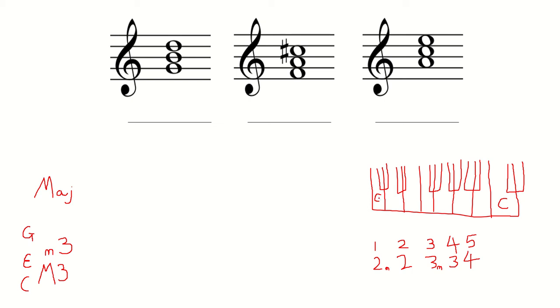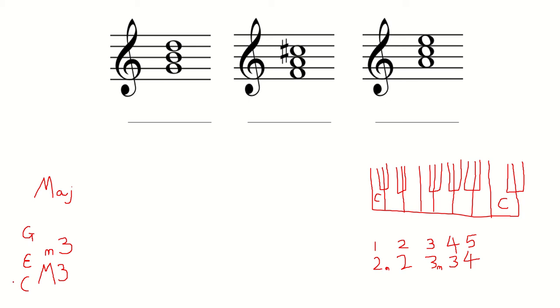So if we go up 1, 2, 3, 4, we arrive at the note E. So C to E is a major third, and then from E, let's go up a minor third. We could go 1, 2, 3, because 3 semitones is a minor third. That gives us the note G. So a major third followed by a minor third is a major chord.